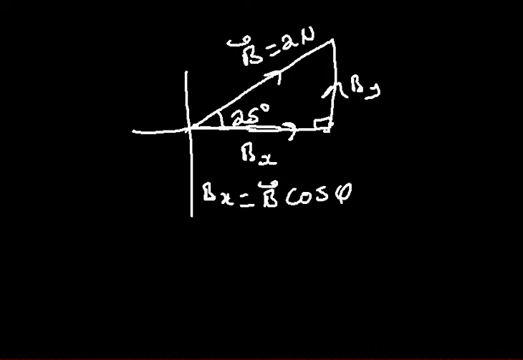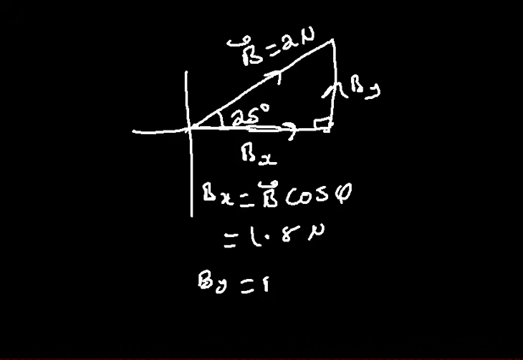Now we'll have it as b cos 25, which should be 2 cos 25. That is given as 1.8 newtons. And we should also have the y component, that is given as, so this is opposite over hypotenuse, that is the sine.